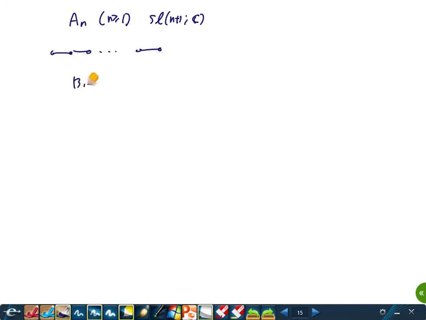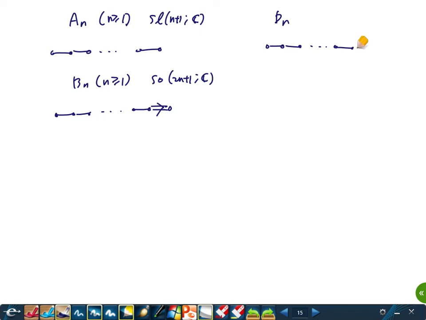And BN, here n is greater than or equal to 1. SO 2n plus 1. Like that. Dn is like this. And this corresponds to the root system of SO2n.